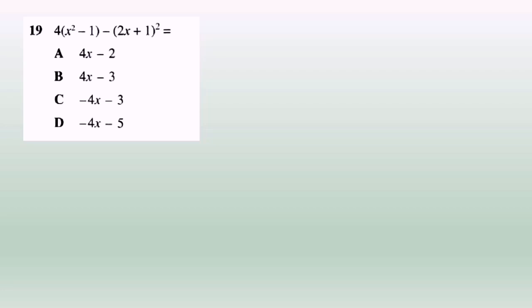Question number 19. We need to solve the algebraic expression. First, this one we expand. For this one, because it has a power of 2, we do it like this: 4s squared minus 4 minus (2s plus 1) times (2s plus 1).